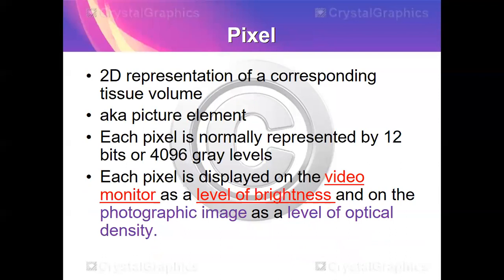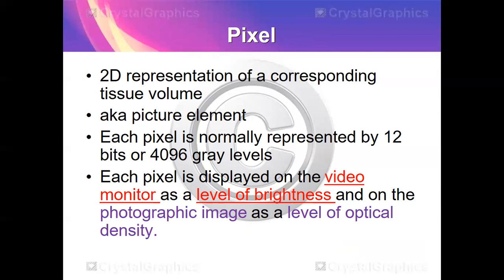We simply divide. Another important term used in CT scan, again common in computers, is the pixel. Since CT scan is driven by a computer, the pixel is a two-dimensional representation of a corresponding tissue volume.